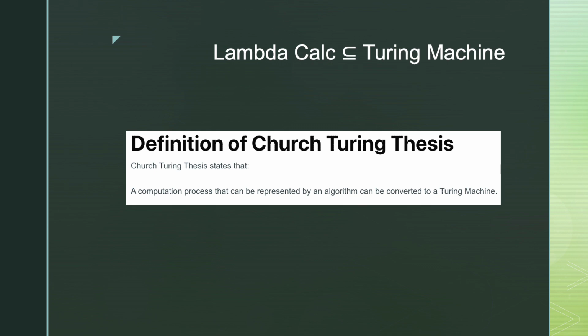Given that the Turing machine is the most powerful computation model that exists, any other computation model can also be modeled within the Turing machine itself because it is at least, if not more, powerful than any other model. So thanks to the Church-Turing thesis, we can check this one off our to-do list.